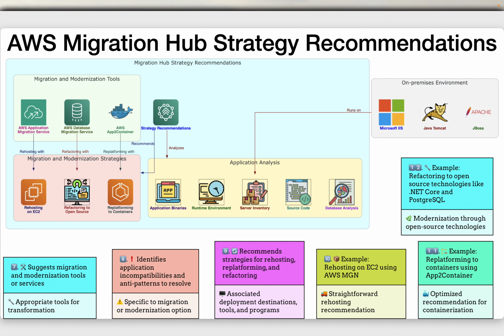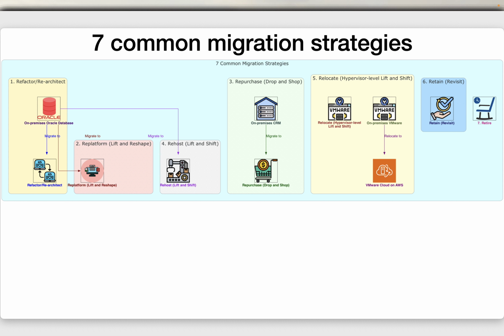Strategy Recommendations may also recommend refactoring to technologies such as .NET Core and PostgreSQL. So I will list these seven common migration strategies one by one.